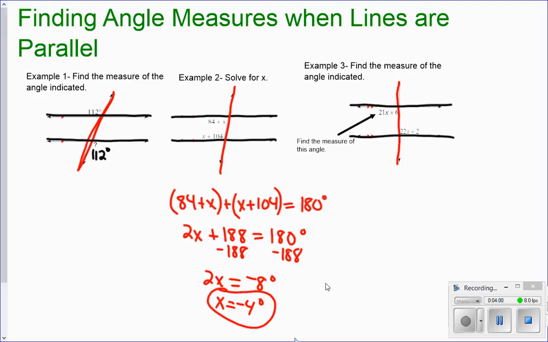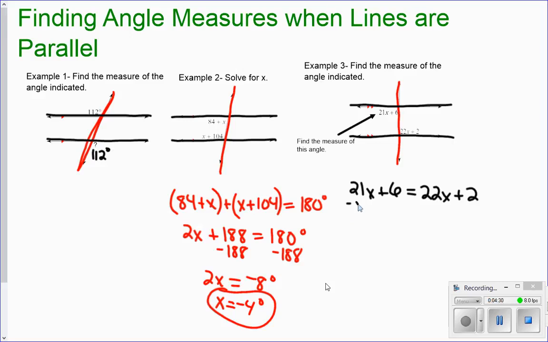I'm seeing that these two angles that have something marked in them are on the opposite sides of the transversal, and they're on the interior of the parallel lines. So they're alternate interior angles. We know that when lines are parallel, alternate interior angles are congruent. So I'm going to set the measure of the first angle, 21x plus 6, equal to the measure of the second angle, 22x plus 2, and I'll solve for x.